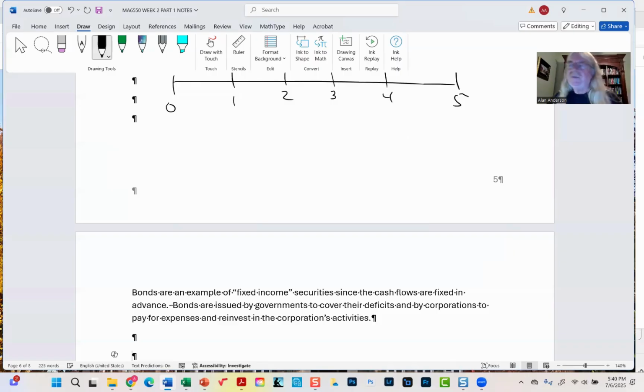So let's say Apple sits down and says it's time to design the next iPhone. We need $100 million in a hurry, or whatever it is. It's probably in the billions. Where do we get it from? Well, we don't have it laying around in the corporate vaults. So instead, we issue bonds to the investors. And so they give us money up front. We pay it back in stages.